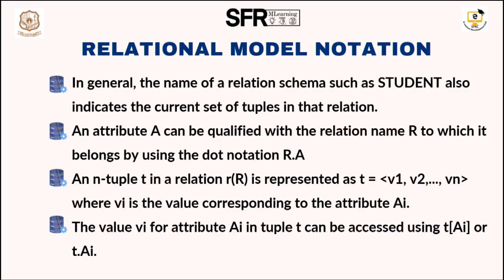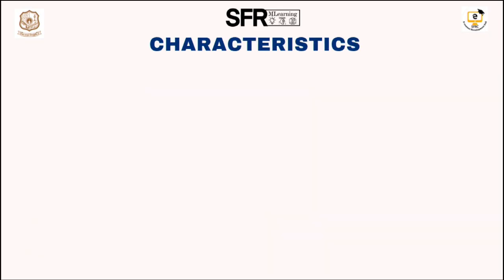Here we note that R.A. An n-tuple t in a relation R is represented as t = <v1, v2, up to vn>, where vi is the value corresponding to the attribute Ai. The value vi for attribute Ai in the tuple t can be accessed using t[Ai] or t.Ai.